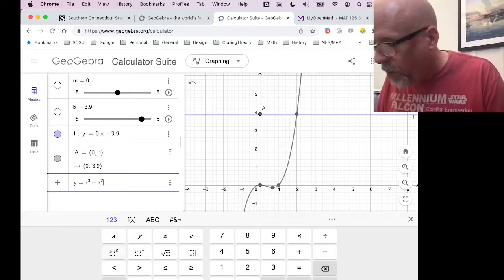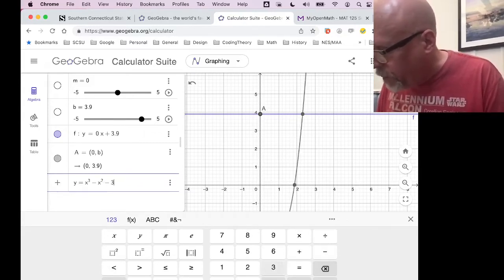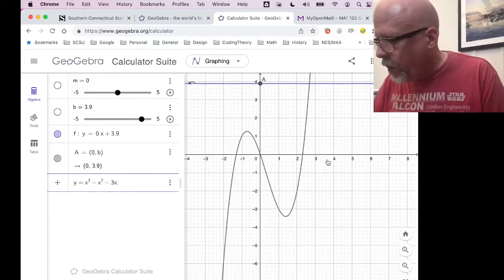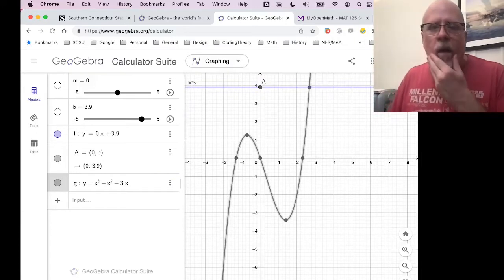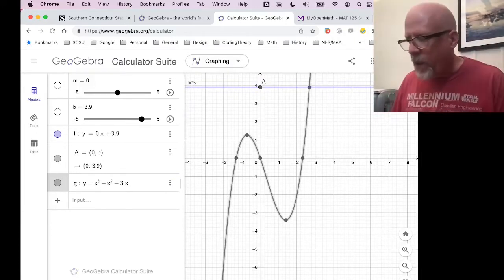Oh, wait, there's a button for the second power. That was nice. Minus, how about 3 times x? Okay, got a weird looking wacky curve on here. I literally was just making crap up, right? But I got it to draw something.